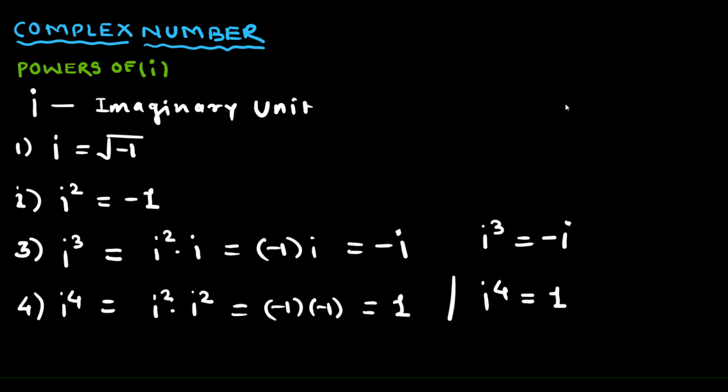That is an important result: i to the power 4 is equal to +1. Now the fifth result: i square to the power of an odd number is equal to -1.